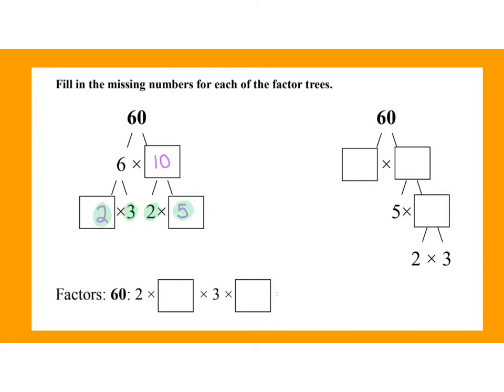If we look at the example on the right, we still have the composite number of 60. This time I could use different factors to break 60 apart. I could break it apart by multiplying 2 times 30. 2 is a prime number.